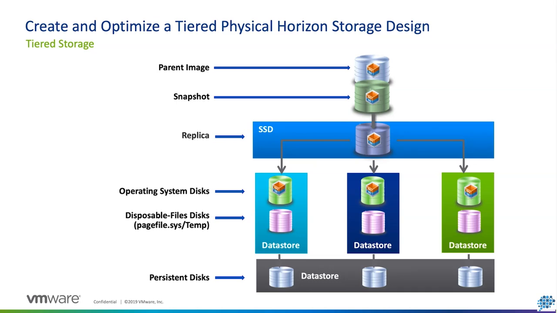Basically all flash. All the clones, however, let's assume this is a hybrid installation, are placed on magnetic disks, and all the other data stores, the bright blue, the dark blue and the green one, where all our clones are residing, are pointing to the replica on our high-speed data store.